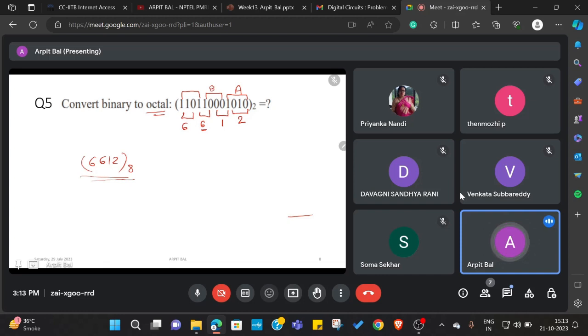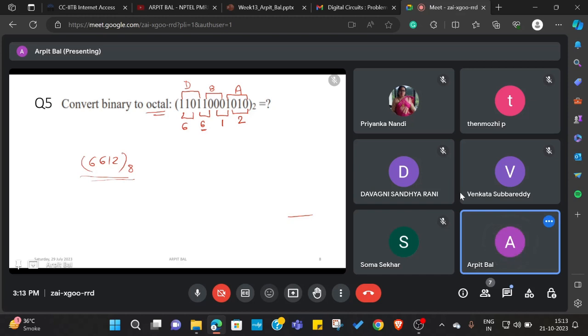Then 1101, this is 13. So 13 is D. Correct. Okay. Is it D? Yeah, it is D.